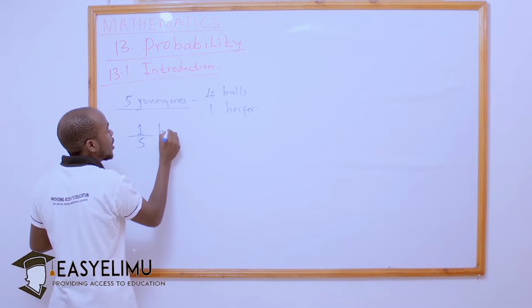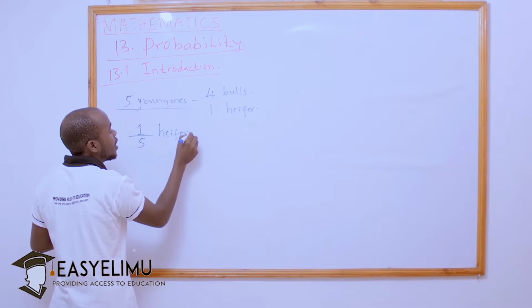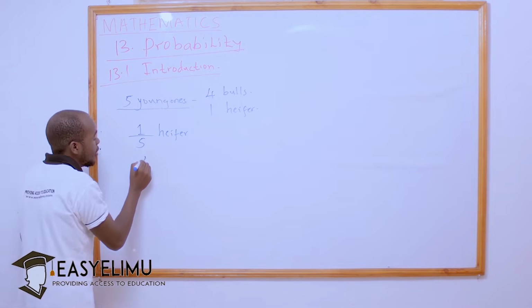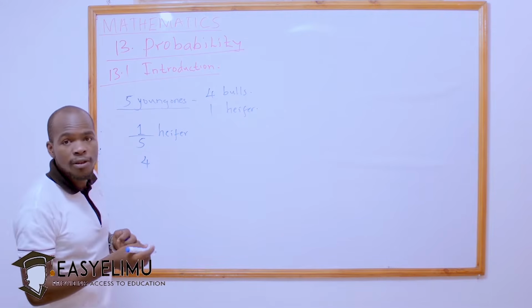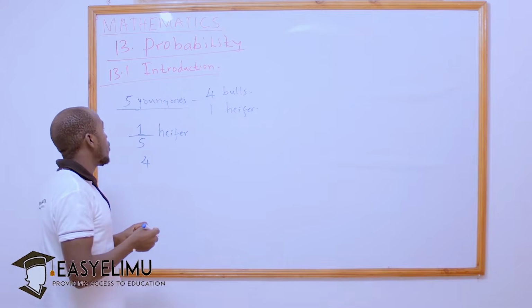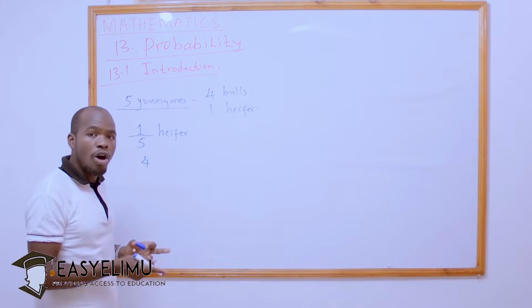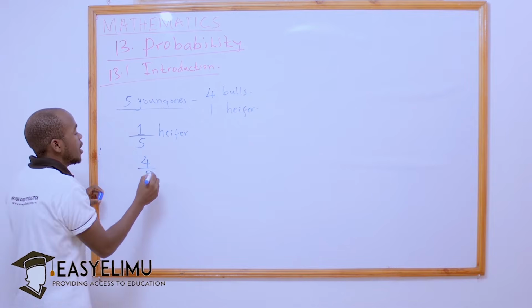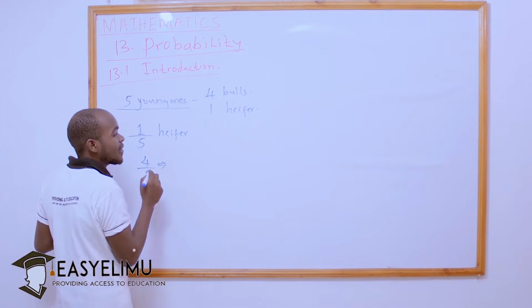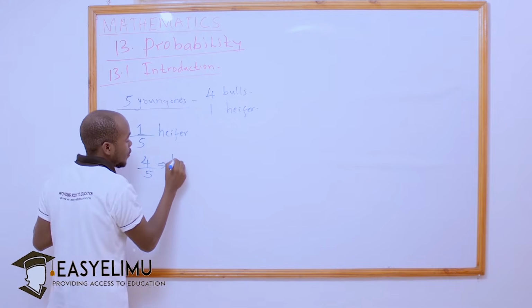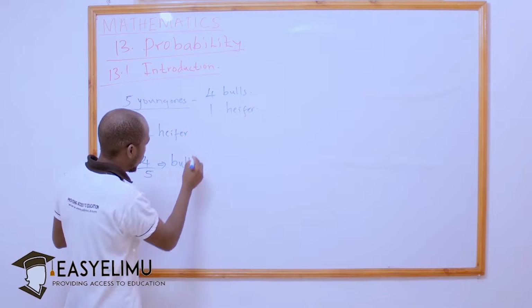And for bulls, it has given birth to 4 bulls out of a total of 5 young ones. So this is the probability or chances of that cow giving birth to a bull.